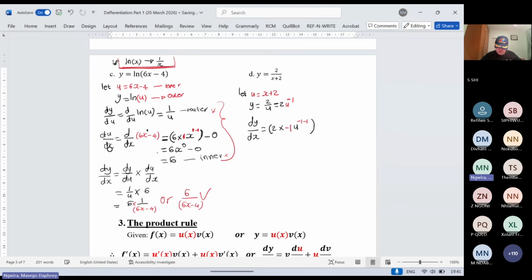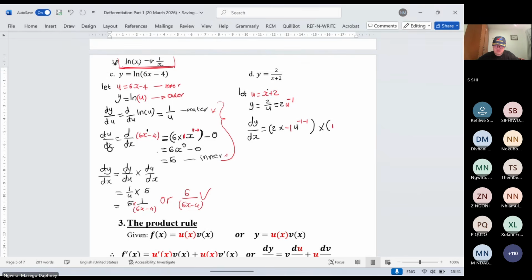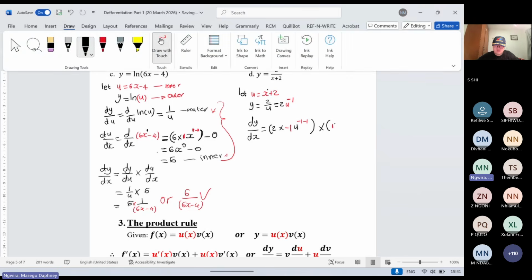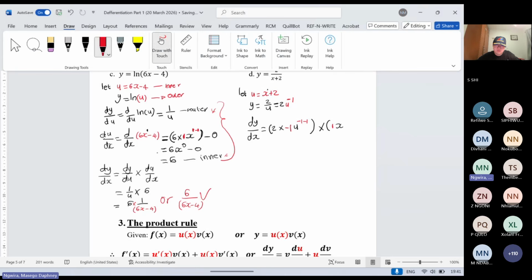And then it's times the derivative of x plus 2. There's a 1 here, remember? So this will be 1, and then x to the power of 1 minus 1. I'm deriving this one.